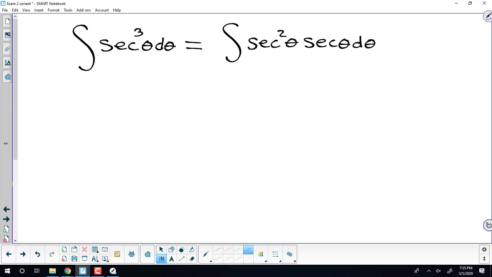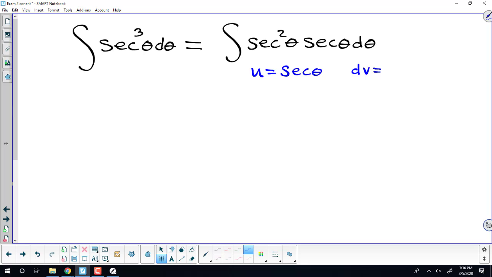So integration by parts, u and dv. What do we want our u to be? Secant. Remember the mnemonic, LIATE says let u be the leftmost function.